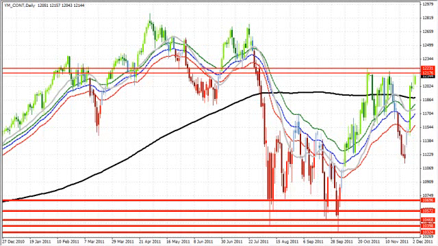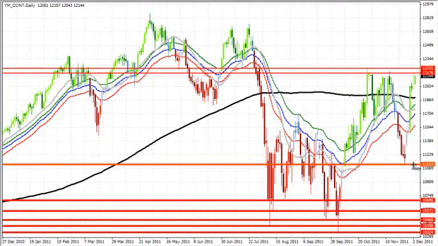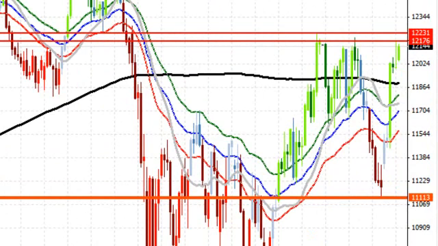Here's a chart of the daily Dow. One of the things you'll notice on the daily chart is that we are not trending in any way right now, in my opinion.